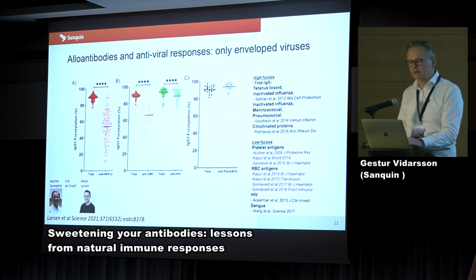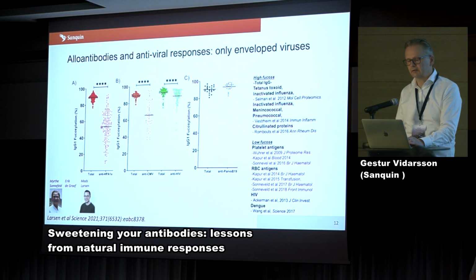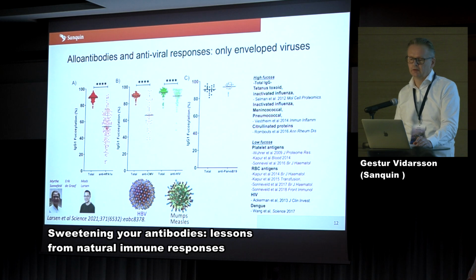And basically, we looked at several enveloped viruses, such as CMV, also HIV again, and we see indeed afucosylated antibodies, similar to our antibodies against platelets. We also see this for HPV, to a lesser degree, and also mumps and measles, but it is mostly stronger if you see it by natural immunization and not by vaccination in terms of HPV.